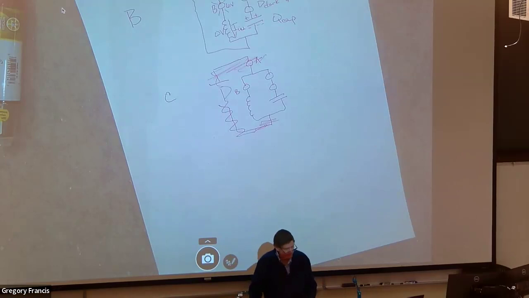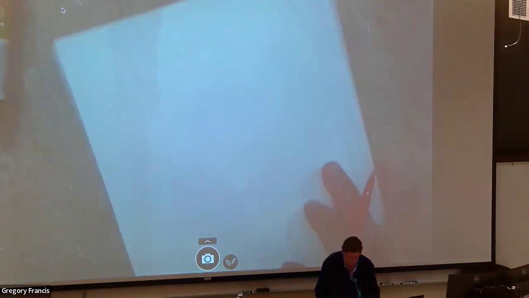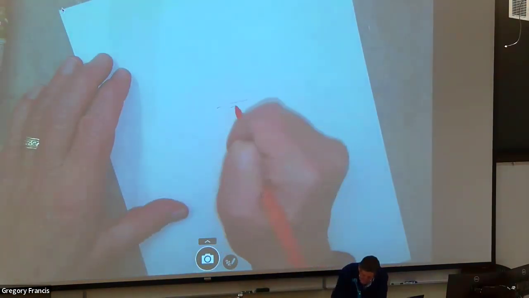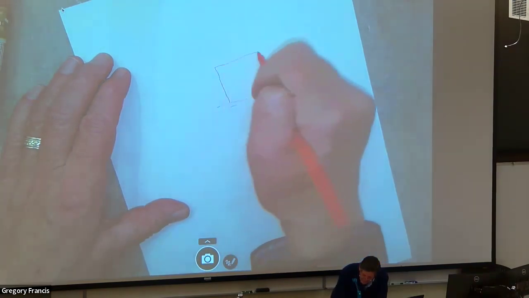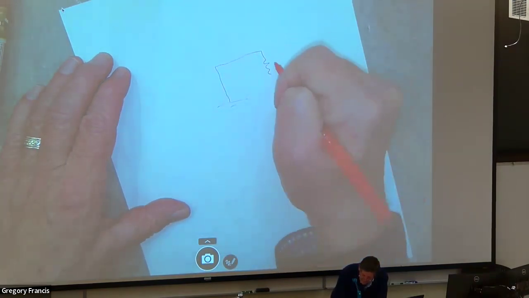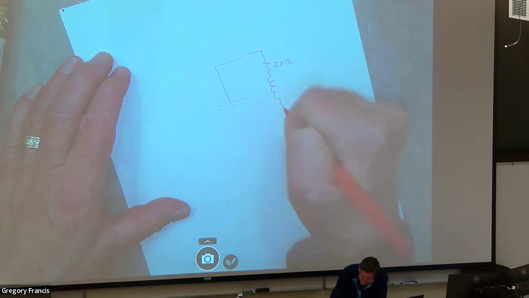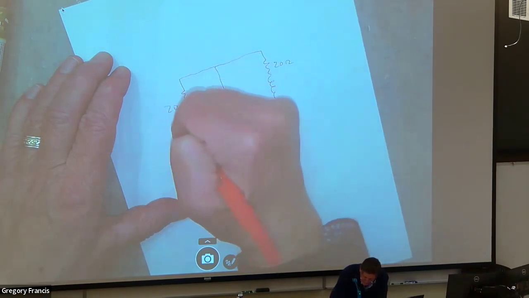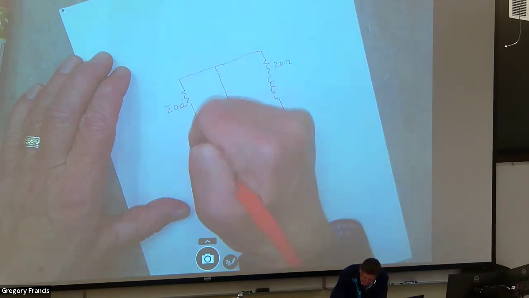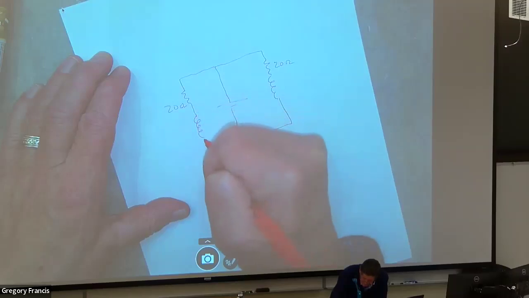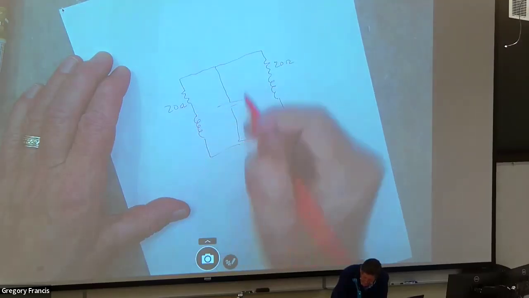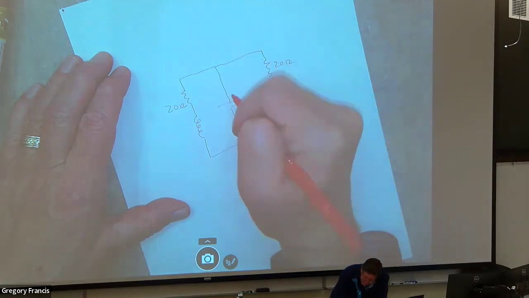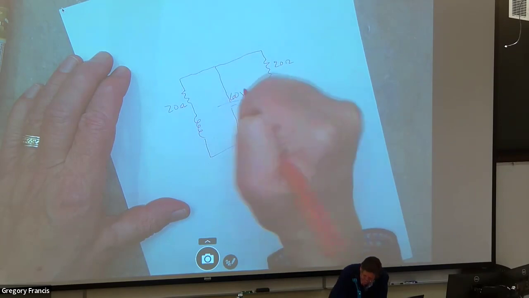If I had a symmetric situation where I had 20 ohms here and 20 ohms there, and I had, say, 60 volts.